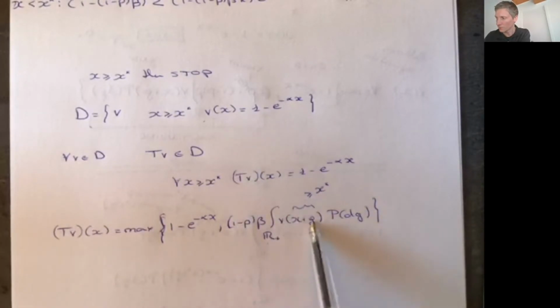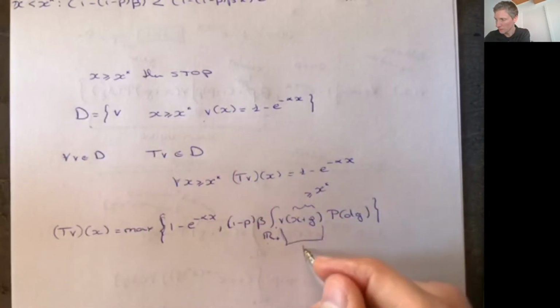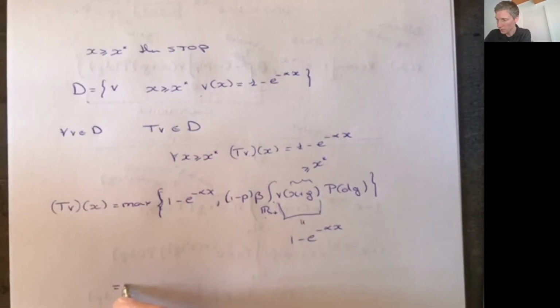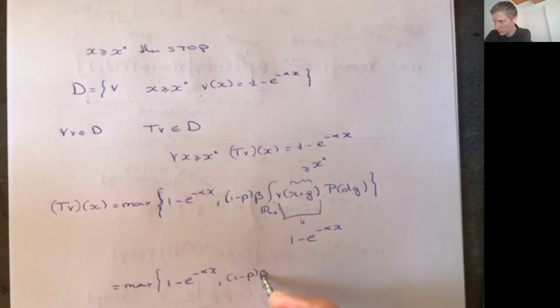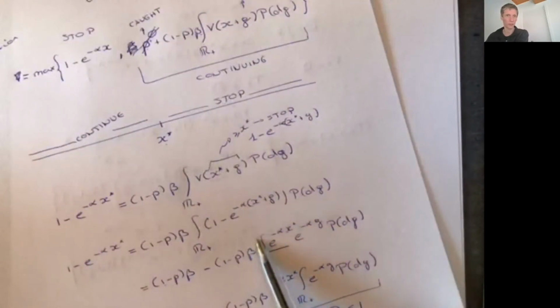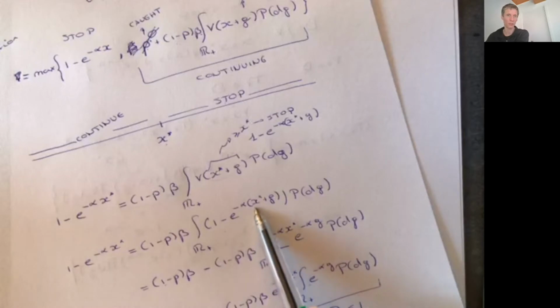So for x plus g, because v is in D, I know that this here is equal to 1 minus e to the minus alpha x. Okay, so plugging this in, I have that this is equal to the maximum of 1 minus e to the minus alpha x, and then 1 minus p beta r plus 1 minus e to the minus alpha x times the probability. And now I have something very similar to what I had before for x star, except that now it's not x star but x.